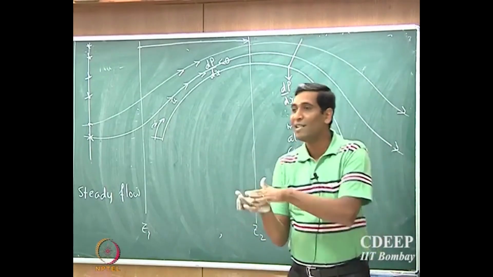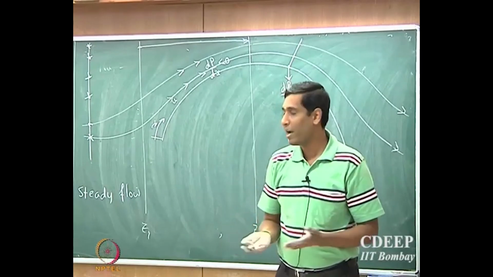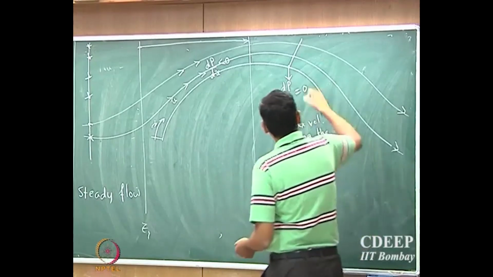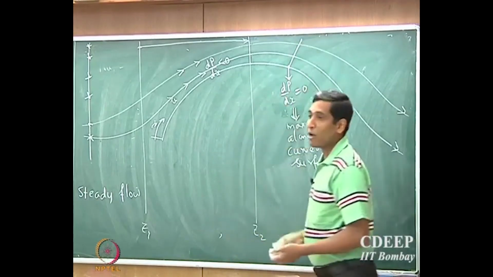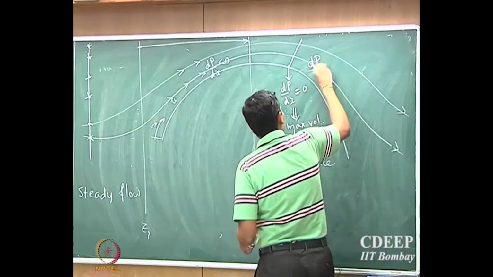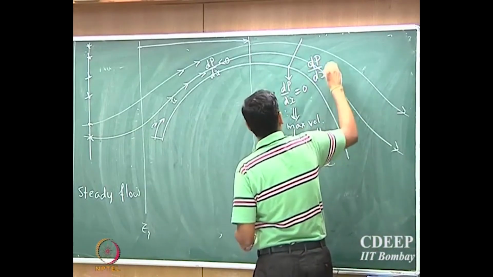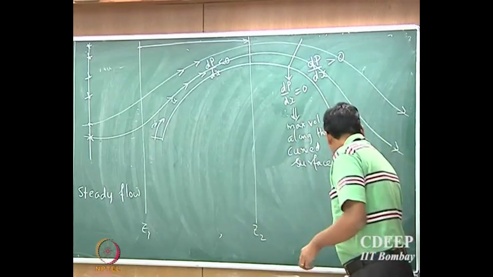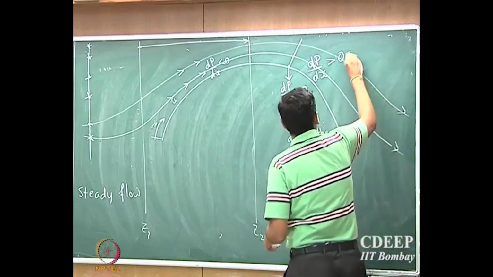Otherwise there is going to be a relative motion between the fluid, and so you cannot have a steady flow. So therefore after the location where the maximum velocity occurs, there will be a deceleration of the fluid, and so you will experience an adverse pressure gradient. This results in the deceleration of the fluid.